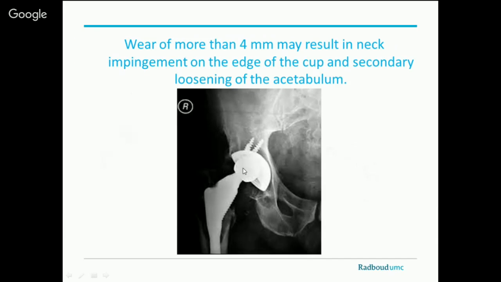Okay, so not only do the wear particles cause osteolysis, but they also cause the joint to not move anymore, because you can imagine if it's so close to the metal backing, the mobility is gone.